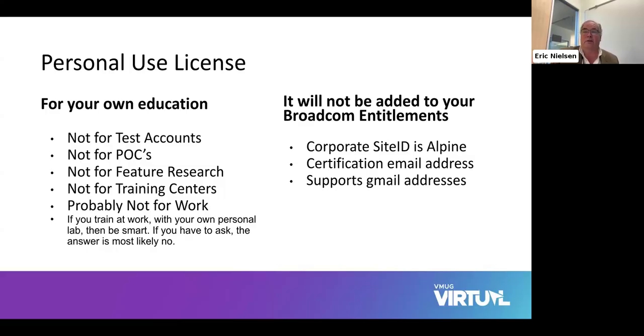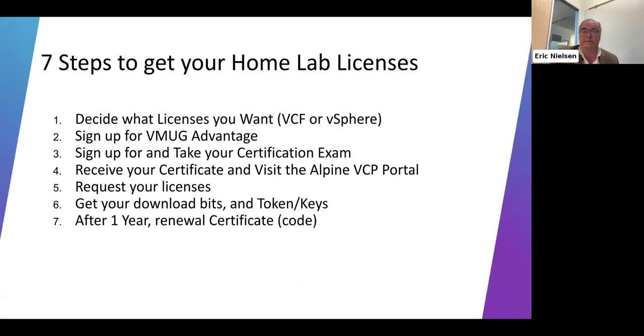That must match your VMUG address, because when you log in to get your licenses, it requires you to log in like you would to the certification portal, and it then checks with VMUG and says, hey, do these guys have Advantage? Here's their email address. If those email addresses don't match, obviously you're not going to see licenses.